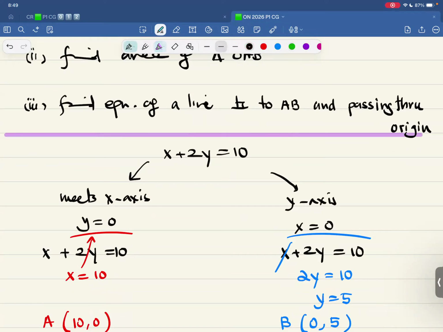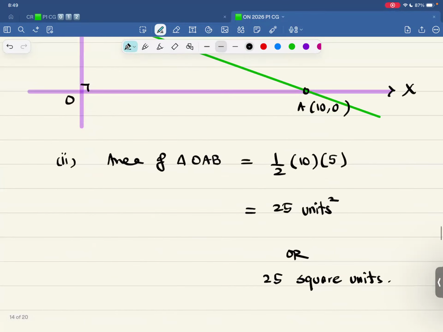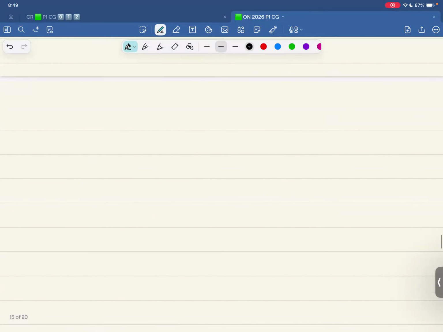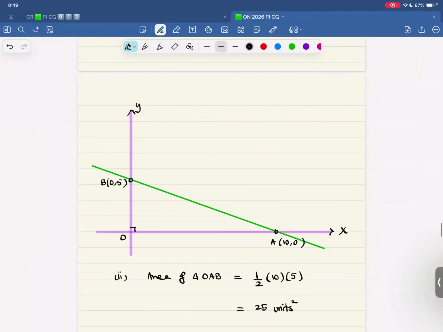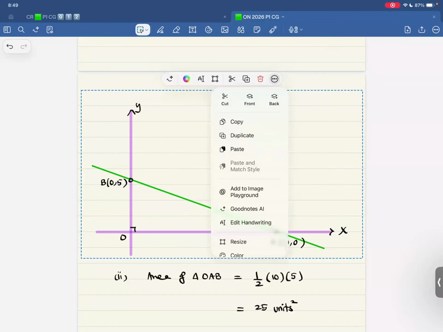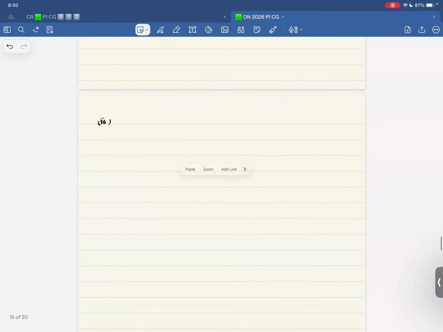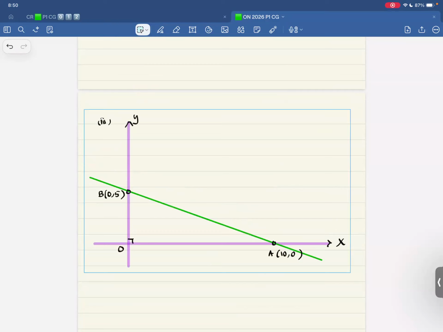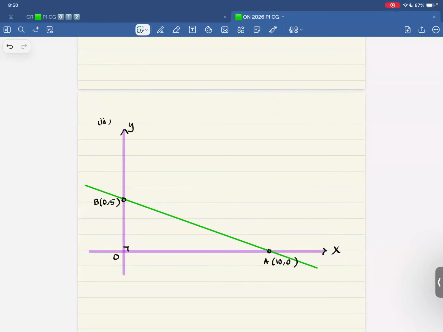This is the question, these are the answers. This is part 1, that is the sketch, and part 2. And now let me work on part 3. So let me grab this grid over here and make it smaller.